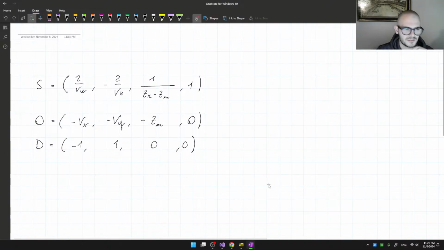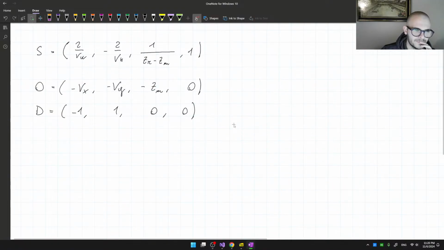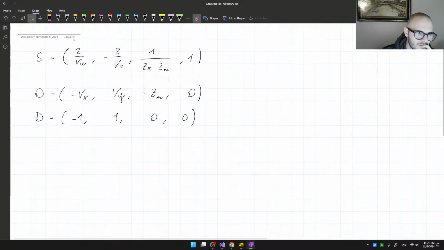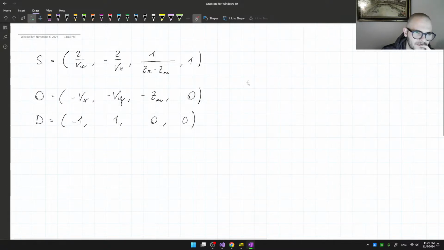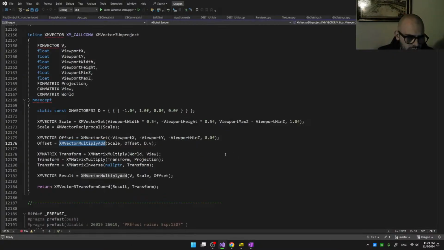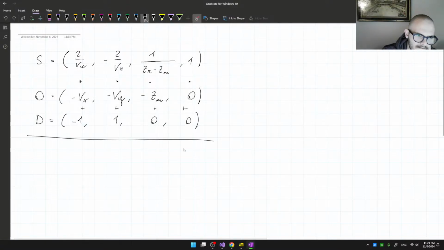Let's keep things like Y. So the multiply add would bring something like this: multiply, multiply, multiply, multiply, add, and this thing goes to the offset.